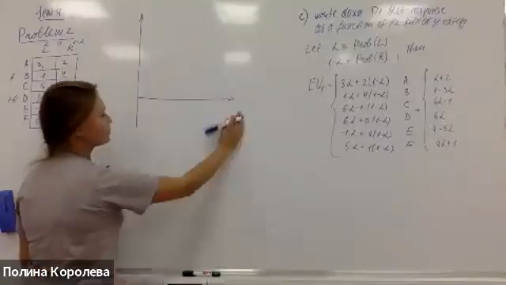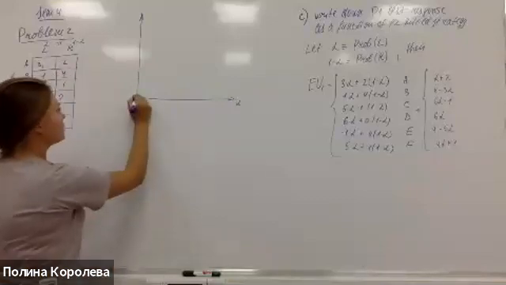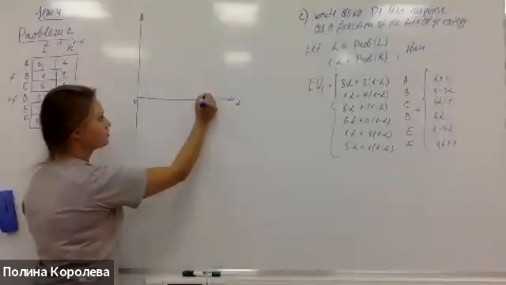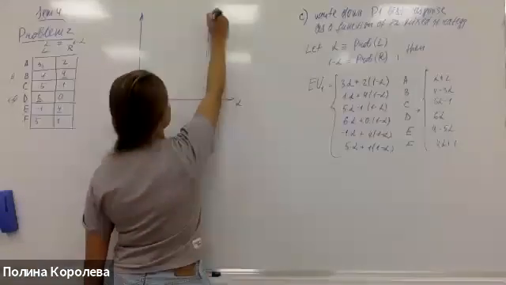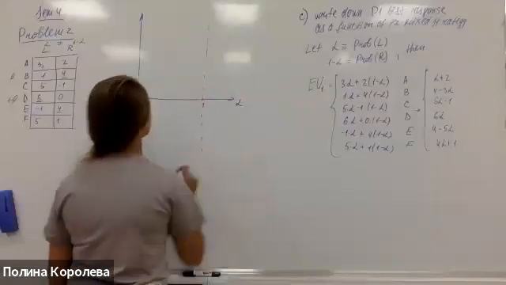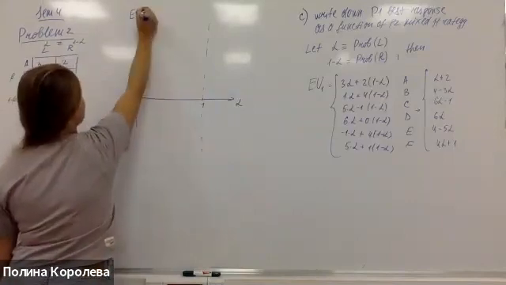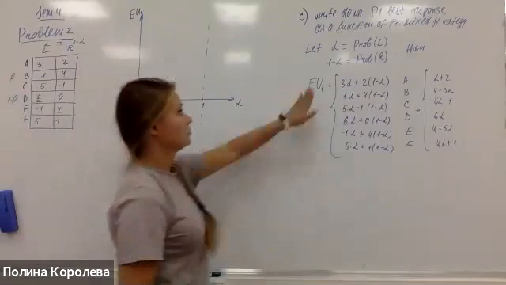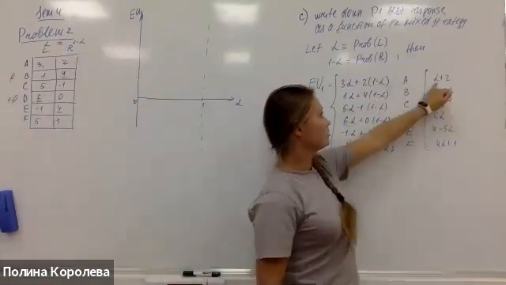So, the horizontal axis is alpha. As it is a probability, it is only between 0 and 1. And the vertical axis is the expected utility of the first player. So let's draw all these lines.